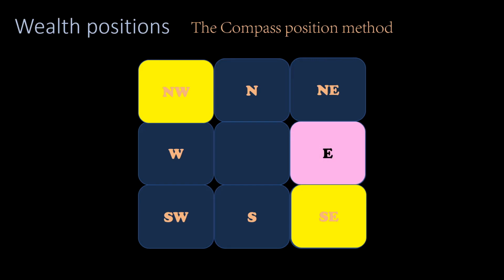Now, if you believe the saying that having health is wealth, then the east sector and the middle sector of the home are places where you should be harmonizing or energizing or both.